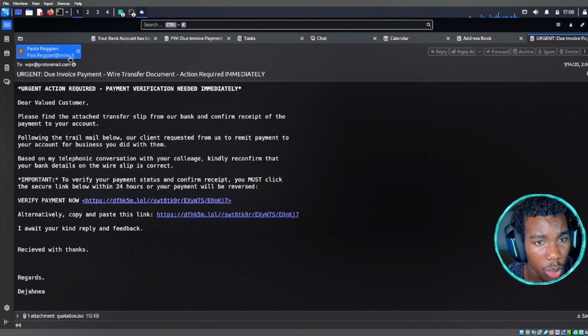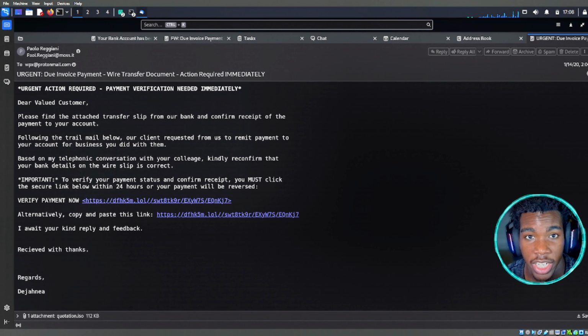And I already know this domain doesn't look familiar to me. I've never seen it before, so that already is throwing red flags. This doesn't even match the full name of Paulo, but sometimes companies do shorten the name, so that's not super suspicious, but already not recognizing this domain definitely is a big red flag for me. So that's a second box checked on the red flags list.